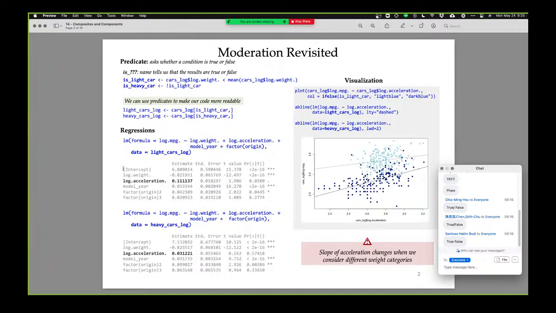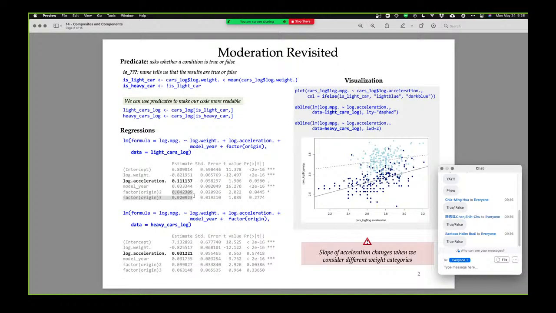So I then regress it for the light cars and for the heavy cars, and I noticed that almost all the other coefficients are fairly stable. Weight doesn't seem to change a whole lot, at least to the second decimal place, and neither does model year. The only variable that seems to change a little bit is the factor origin.